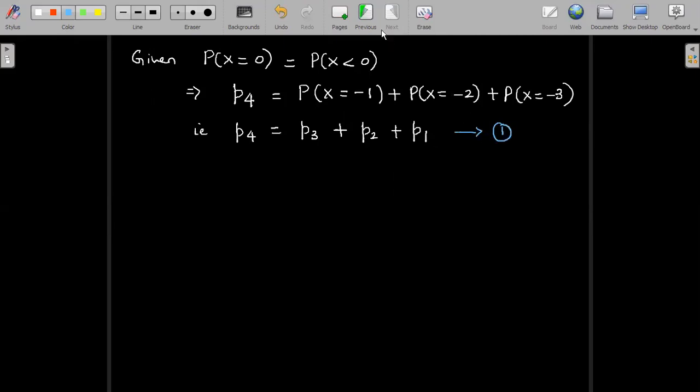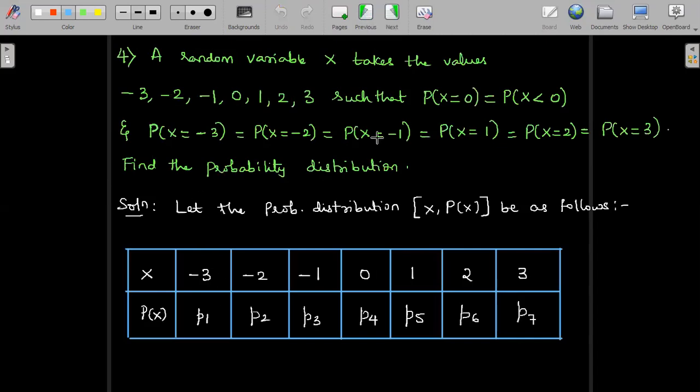Now we also have another expression from the given data. The probabilities of x equal to -3, -2, -1, 1, 2, 3 are all equal, except for x equal to 0. Leaving P4, the rest of them can be equated to each other.